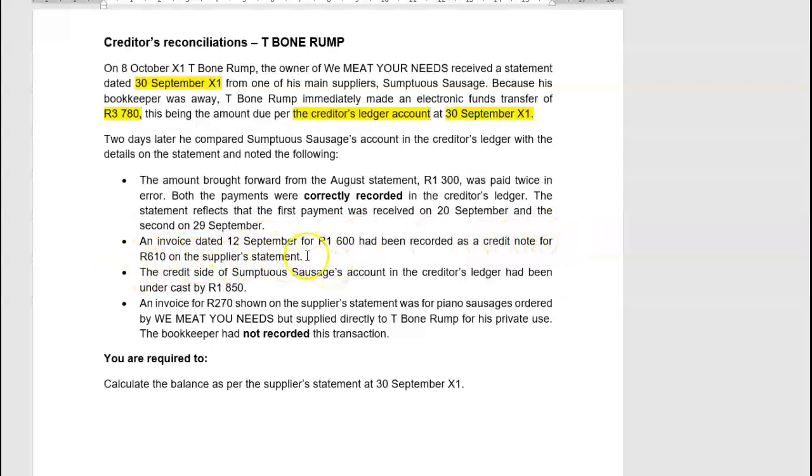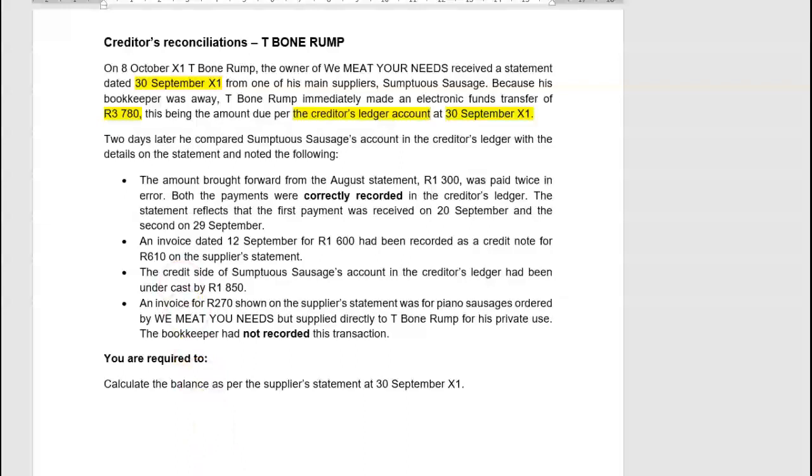Now the first question is, was my record correct? Have I made a mistake? And the answer is no, I didn't make a mistake. The second thing is, why doesn't this reconcile with the creditor statement? The creditor made a mistake and we will have to tell him that he made a mistake.